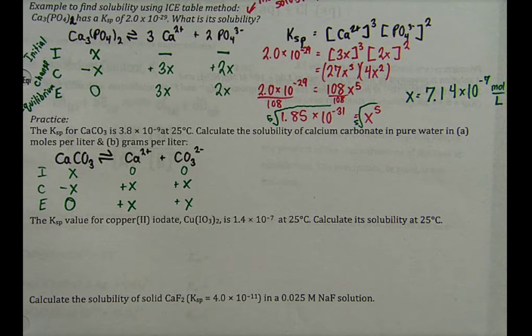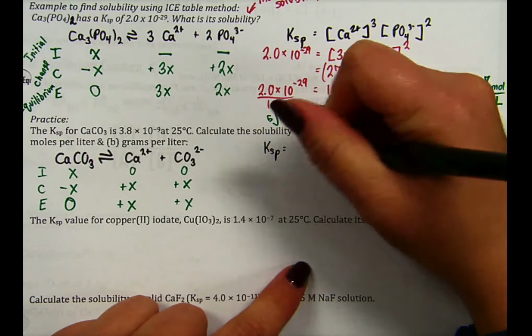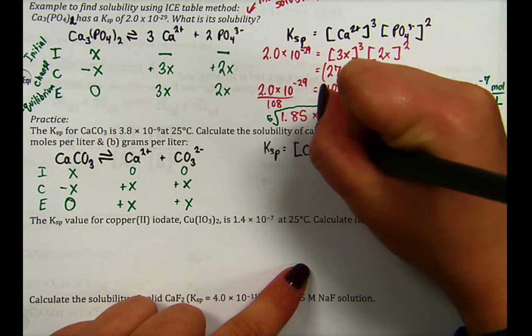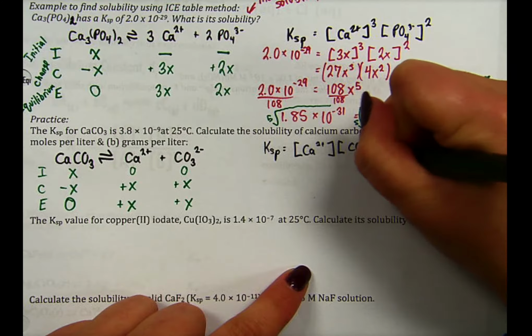Now we need to write our Ksp expression. Again, since it's just 1 to 1, it's just going to be the concentration of calcium multiplied by the concentration of carbonate.